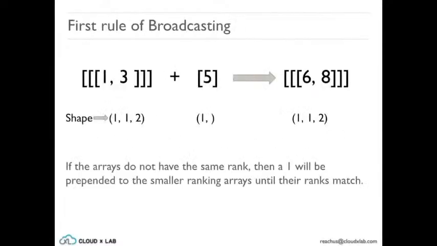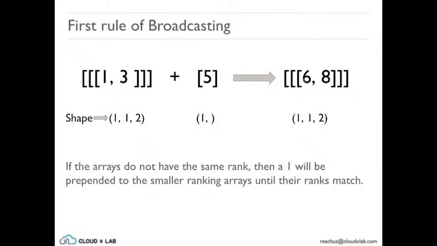As I mentioned, there are two rules of broadcasting. So if I do something like this, here the shape is 1 comma 1 comma 2, and here the shape is 5, like a single scalar that's getting added. What happens is that this number gets added to all of it. Essentially, ones will get prepended to the smaller rank until the ranks match. So you just add it everywhere effectively.